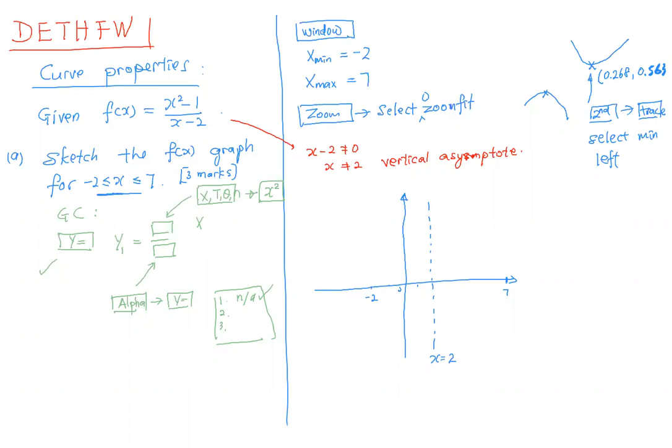I get a different answer. Okay, tell me your answer. 3.73, 7.46, to 3 significant figures. Okay, this is the correct answer.